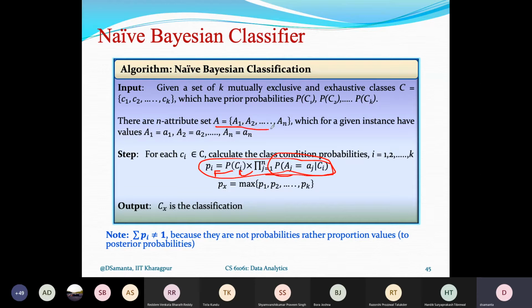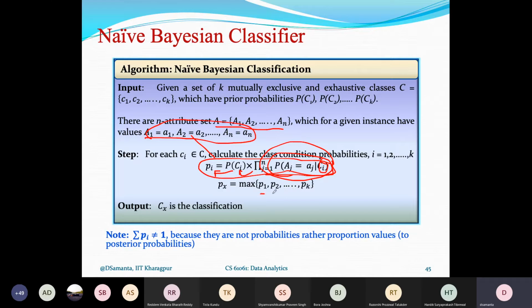Now here I should say it is like this. If your training data has n attributes, then for a test record for which the attribute values are given, we have to calculate the posterior probability for each attribute Aj, whose corresponding value in the data is equal to its given value, given the class Ci. These give you the class probability for each class.